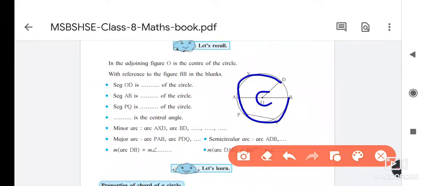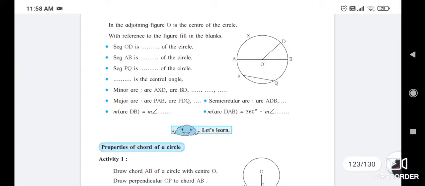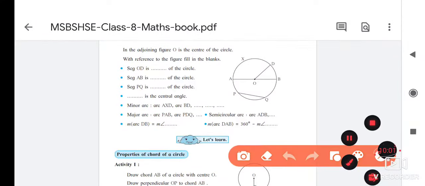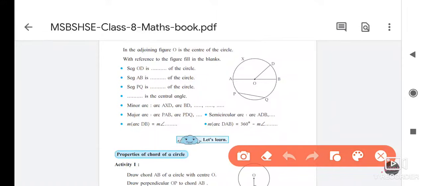So arc DAB is 360 minus angle DOB, because DB is an arc which is intercepted by angle DOB. Here the angle sign is given, so we write 360 minus the measure of angle DOB, because DOB is a central angle and it intercepts DB. If arc were written instead of the measure of angle, we would write 360 minus arc DB.